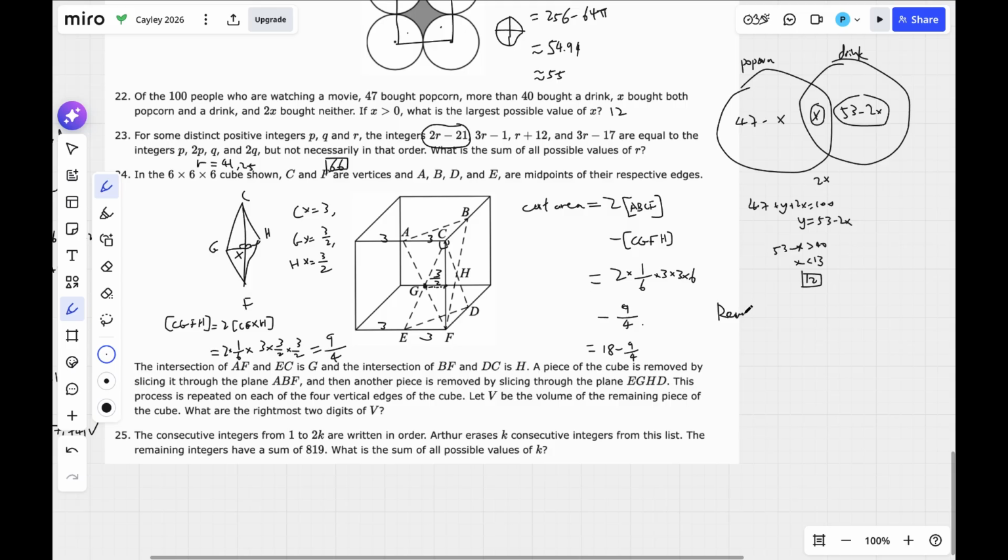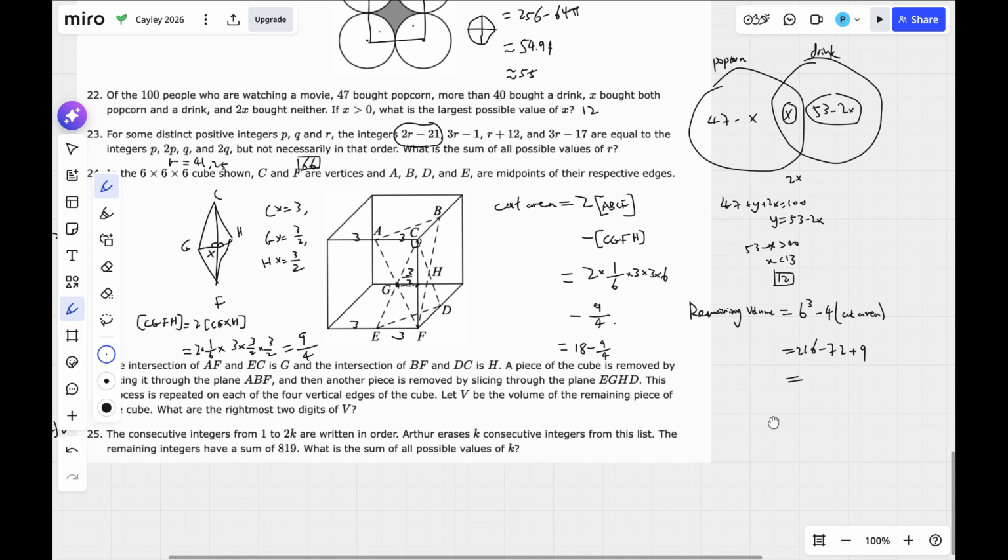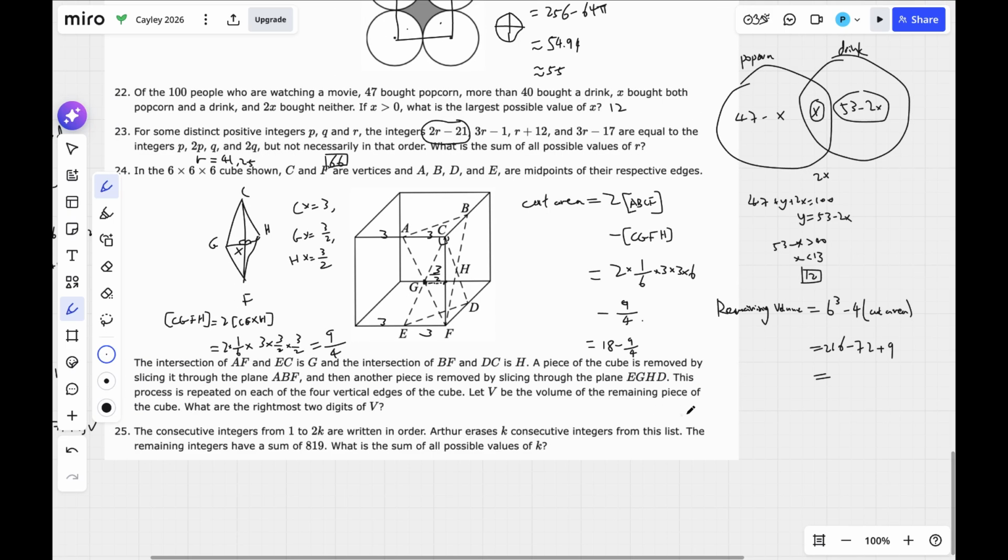If we evaluate this, this is 18 minus 9/4. We don't have to simplify yet because we need to multiply this cut area by 4 for the 4 vertical edges. Since we want our remaining volume, we need to subtract this cut area. So the remaining volume is original, which is 6 cubed, minus 4 times cut area.